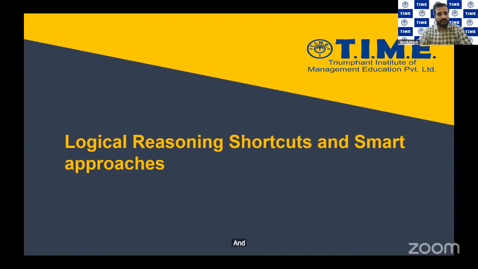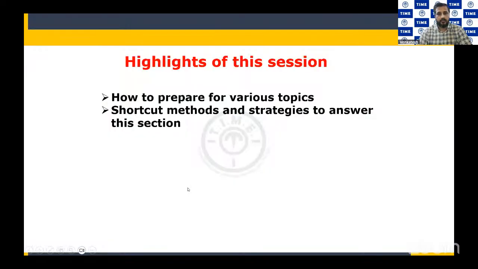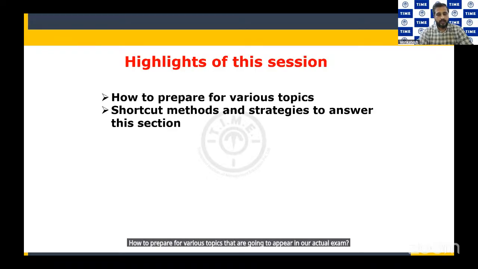And in this session, we are going to take up a very interesting topic, that is logical reasoning shortcuts and smart approaches for IPMAT. Let us see the main agenda of this session. How to prepare for various topics that are going to appear in our actual exam, and what are all the shortcut methods.